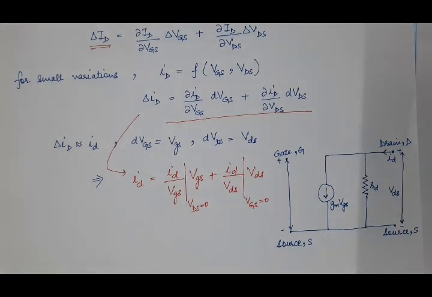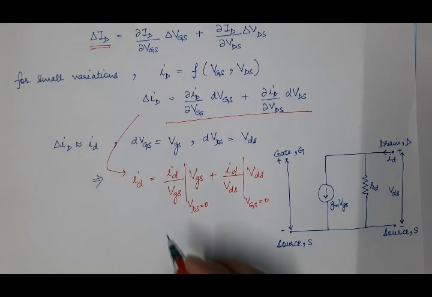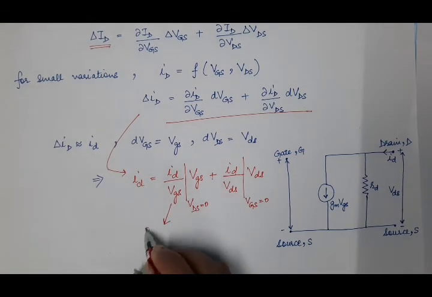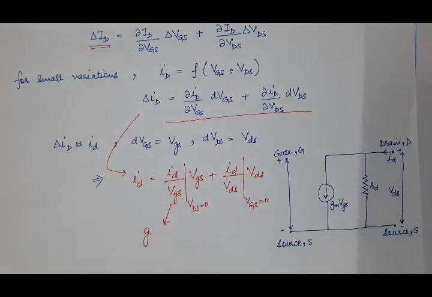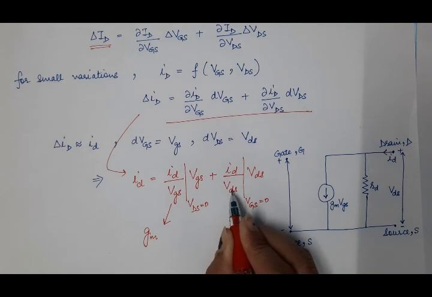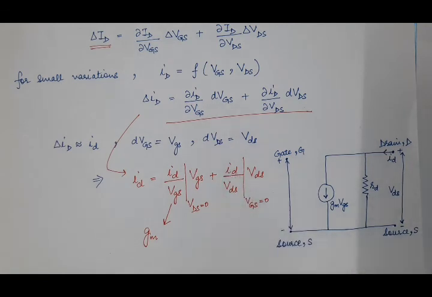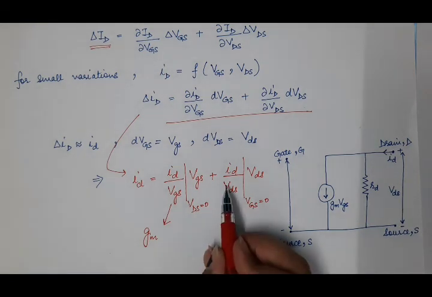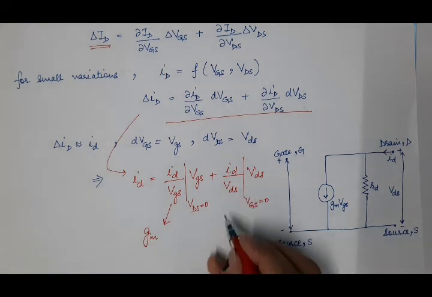It is one of the parameters of FET, which is transconductance or mutual conductance. And similarly, this delta ID upon delta VDS is the reciprocal of dynamic resistance.